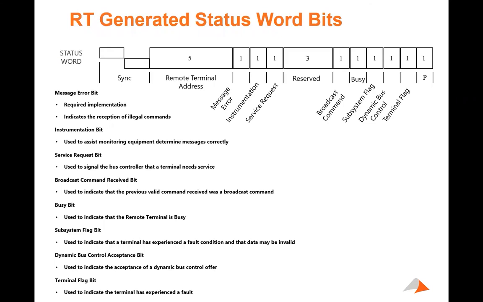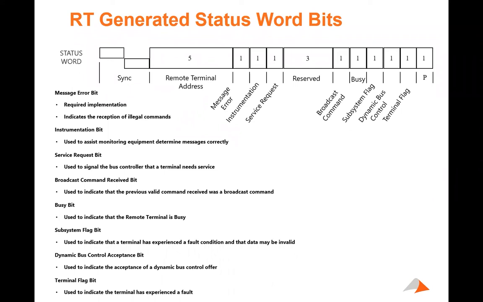RT generated status words. Okay, so the bus controller sends out a message telling the RT to receive certain data words that it is sending it. The RT would receive that entire message. It would validate the message, meaning that it follows the proper form and it belonged to it.